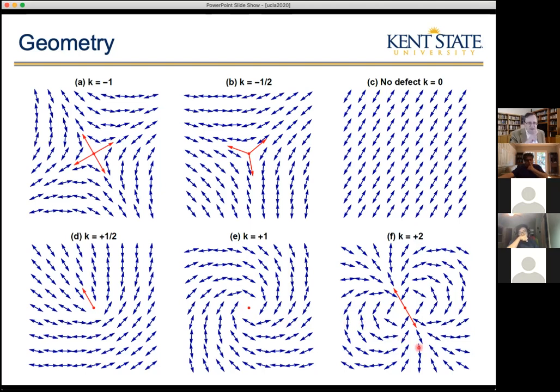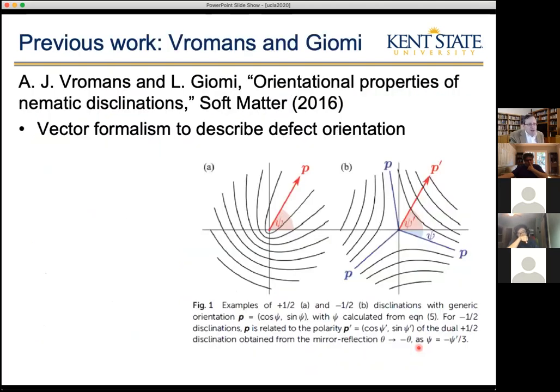So this is certainly an aspect of the geometry of these materials. As far as I know, the first person who tried to describe this feature mathematically was Luca Giomi with his student Vromans.